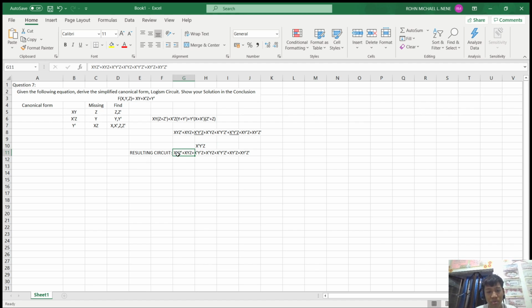For the resulting circuit, it will be xyz complement plus xyz plus x complement, y complement, z plus x complement, yz plus x complement, y complement, z complement plus x y complement z, and then x y complement z complement, and then proceeding to integrating it in the circuit. It will be like this.